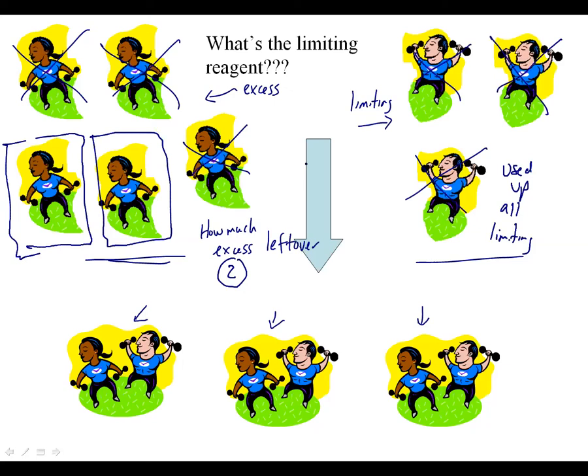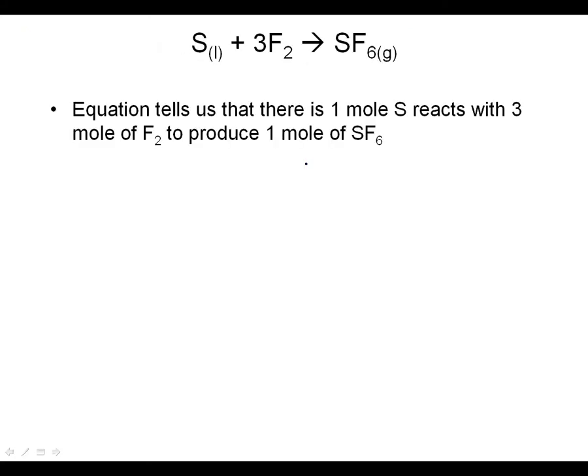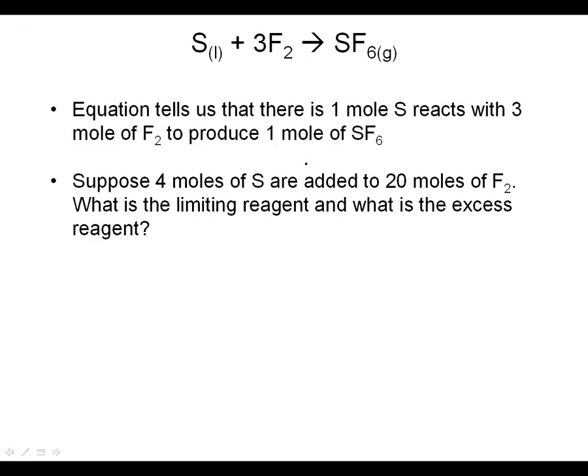All right, now we've got pictures. Let's take a look at an actual situation and try to figure out which one is the limiting reagent and which one is the excess reagent. Let's take a look at this equation up on top, and let's assume that we are starting with 4 moles of S, and we're also starting with 20 moles of F2. Now, we have a balanced equation.